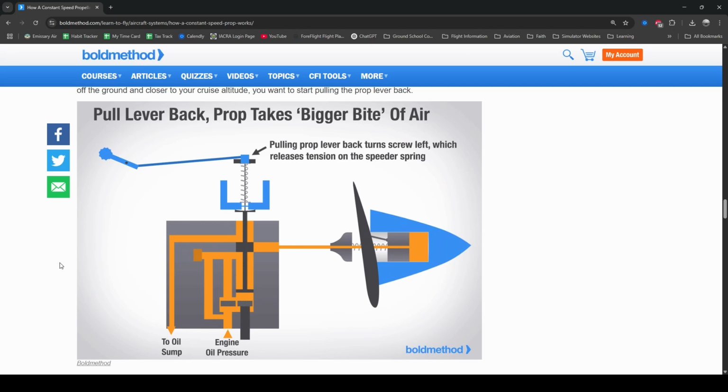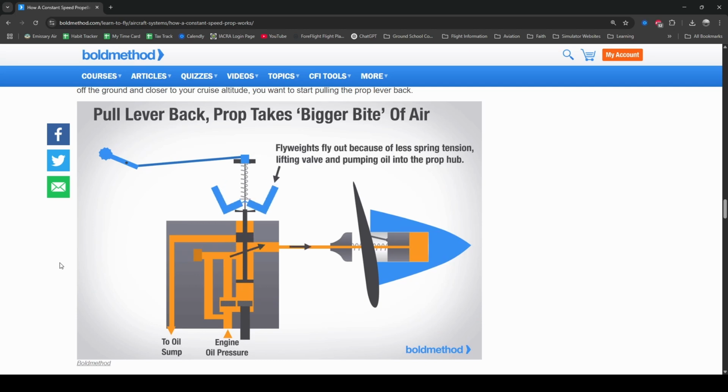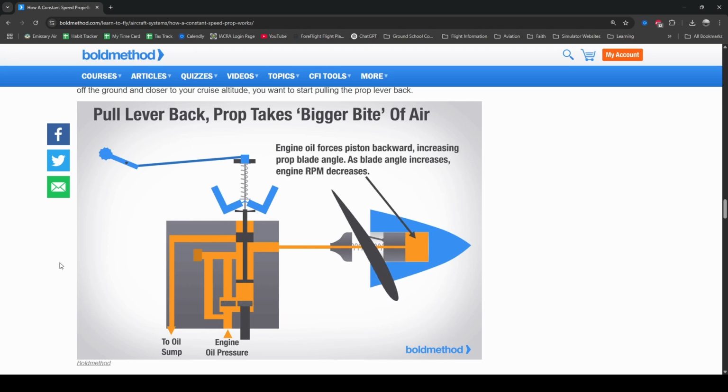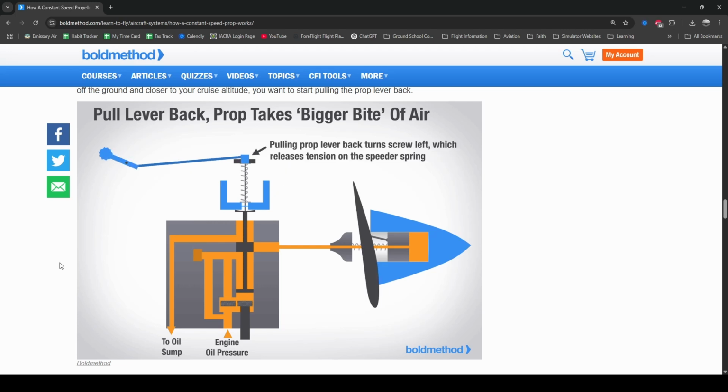As you pull the blue knob back, you are releasing tension on the speeder spring. As that happens, there becomes an imbalance between the speeder spring's tension force and the flyweight's centrifugal force. This will cause an overspeed situation on the propeller. The flyweights swing outward, pulling up on the pilot valve. Oil will be pumped into the prop hub, pushing the piston back and increasing the angle of attack of the propeller blade.